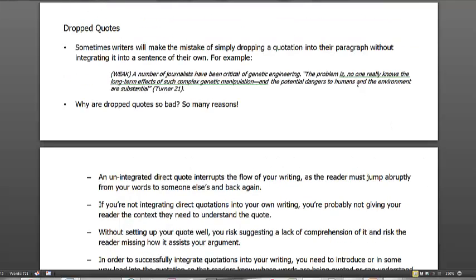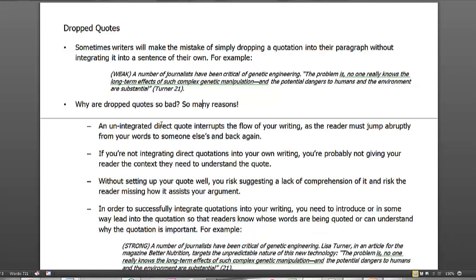Why do we not want to drop quotes? The problem is if we drop quotes in, then they're not really integrated into the sentence. And so it messes up the flow of your writing, and it's also not clear why you put the quote in, or where it came from, or what you want the reader to know about it.